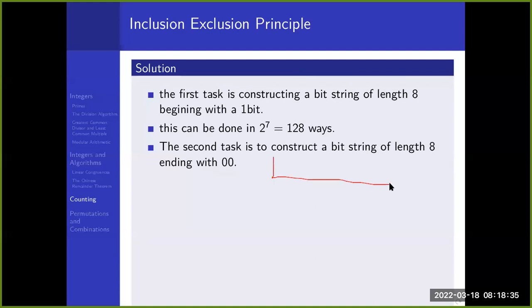If you have bit strings that end with 2 zeros, then the last 2 bits will have 0 here and 0 here. So you are left with how many? 6, which can be filled in, right?